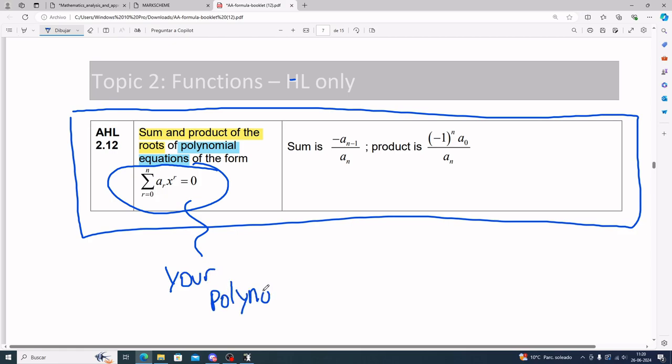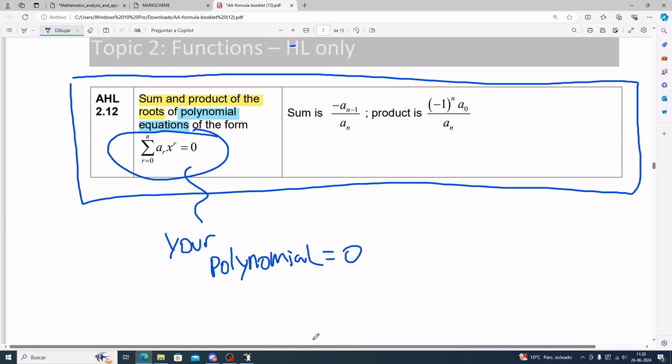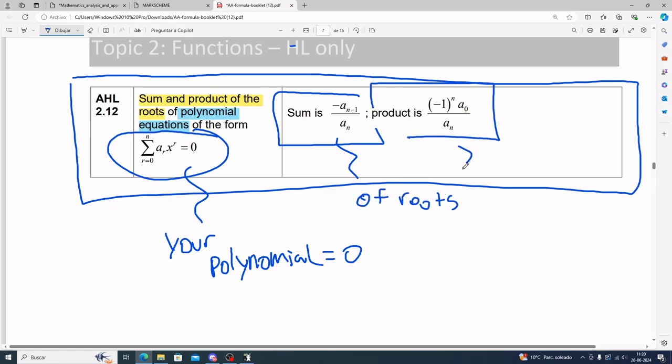All this is really saying is that when your polynomial equals 0, the sum of roots is this, and the product of roots is that.